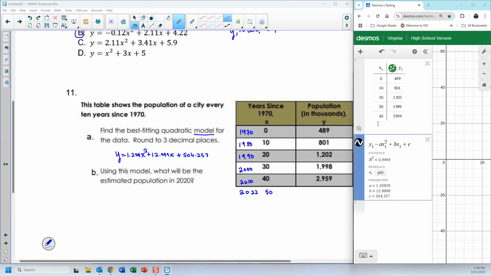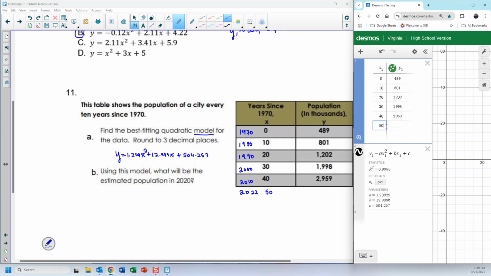I cannot just put it in the table right here because it's not going to be helpful to me. I have to take my equation and plug in 50 right there because that's what I'm looking for. So 209 times 50 squared plus 12.999 times 50, plus c, which is 504 plus 257.